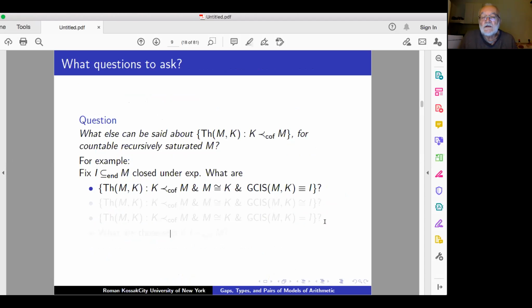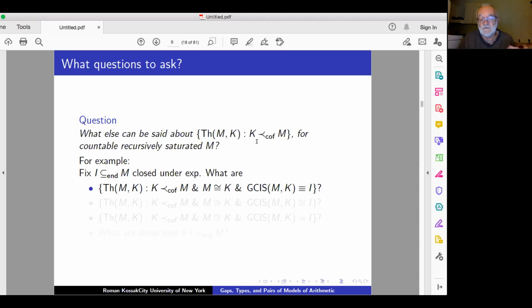Here there are so many questions one could ask, and such great diversity of those elementary submodels, that maybe all of it is not really very interesting unless you ask some interesting questions and get some interesting answers. So you look at this collection of elementary submodels of various types.